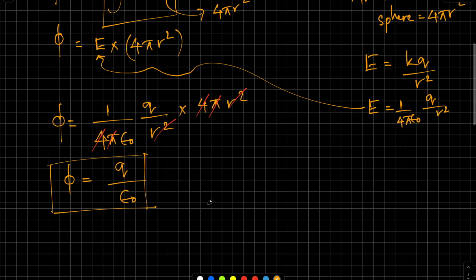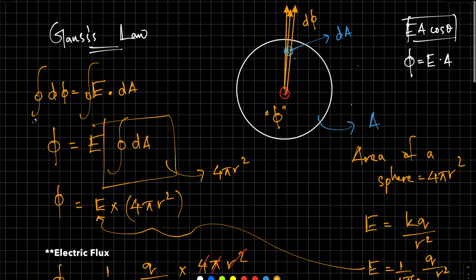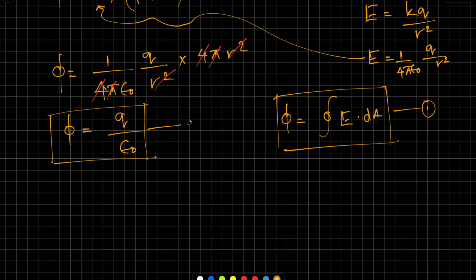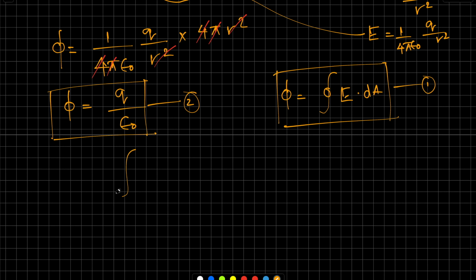Okay, now we have two equations for electric flux. This is the first equation, phi equals closed integral E dot dA. Let's call this equation number 1. This is equation number 2. Left hand sides are equal, so I'm going to equate the right hand sides. Closed integral E dot dA equals q by epsilon 0.